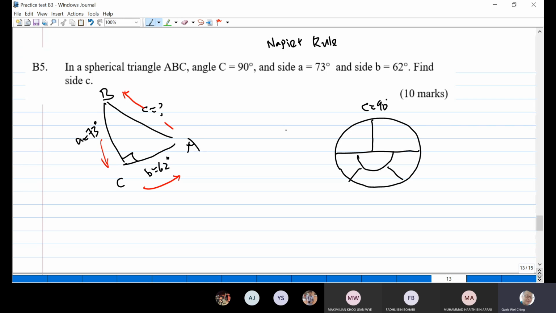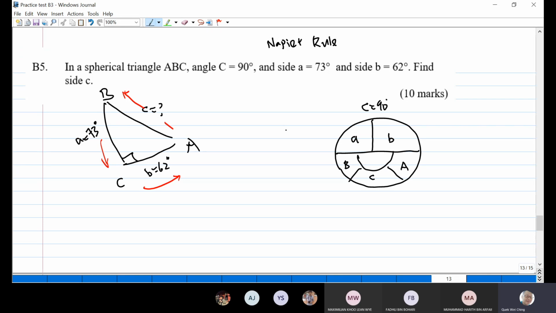If you go by that, the next thing you get is side B, then angle A, then side C, then angle B, then side A. So depending on how you go, clockwise or anti-clockwise, it's up to you.